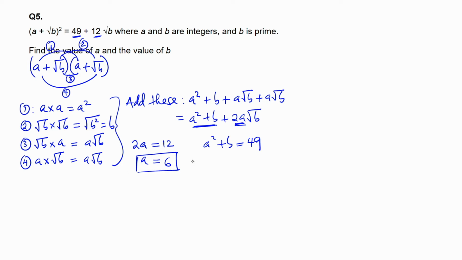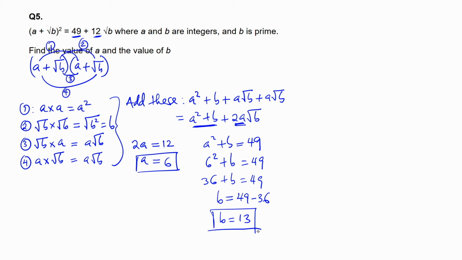But because a is 6, we can substitute here. So 6 squared plus b is equal to 49, which implies that 36 plus b is equal to 49. So b will be equal to 49 minus 36, which implies that b is equal to 13. And that's how you solve that question.